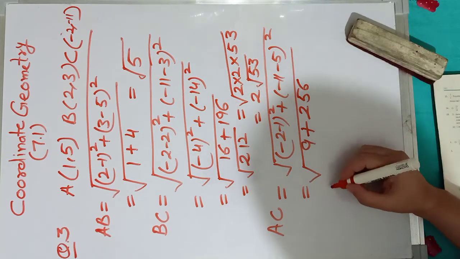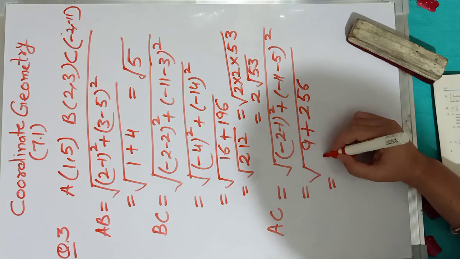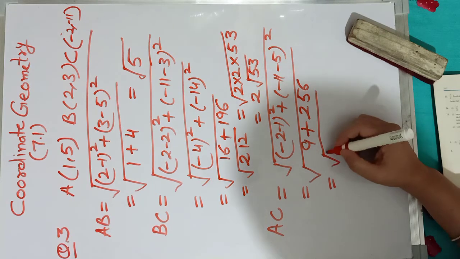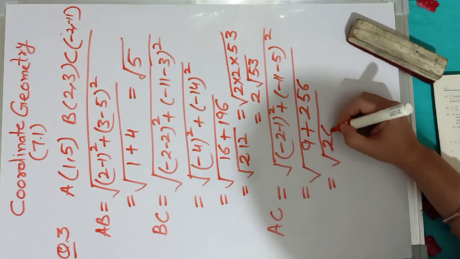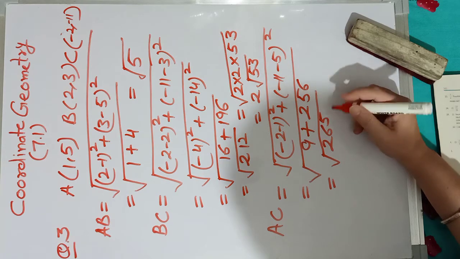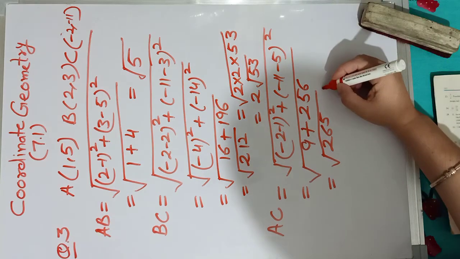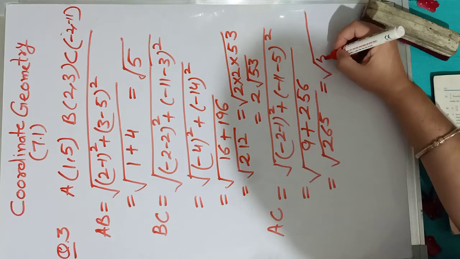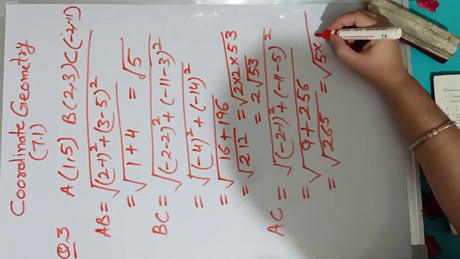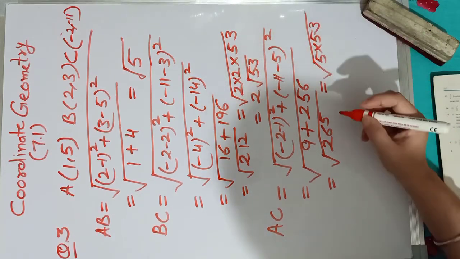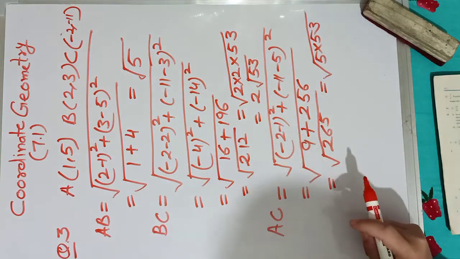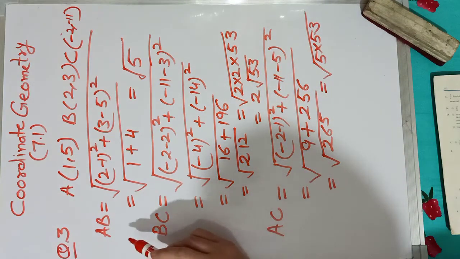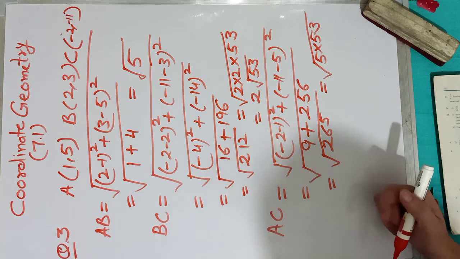So 256 plus 9 will give you 265, and that can be written as 5 into 53. Now check for the distances whether AB plus BC is equal to AC or not.